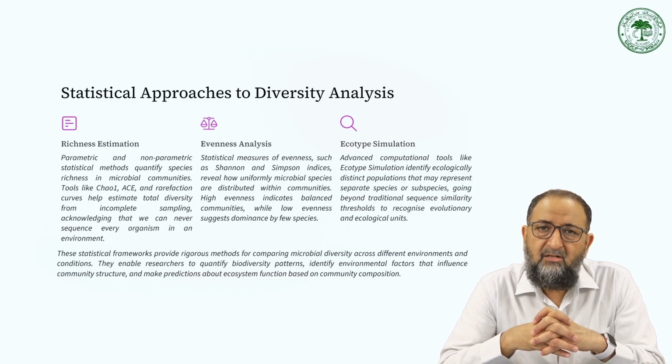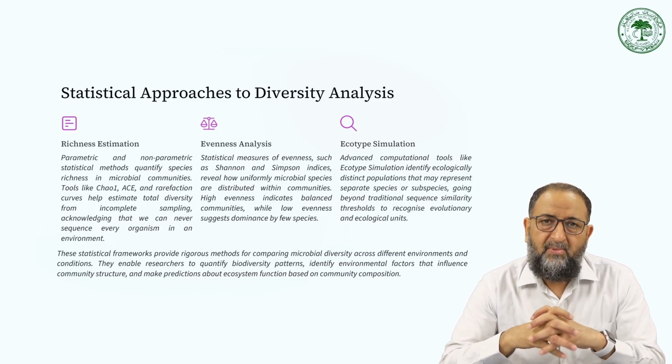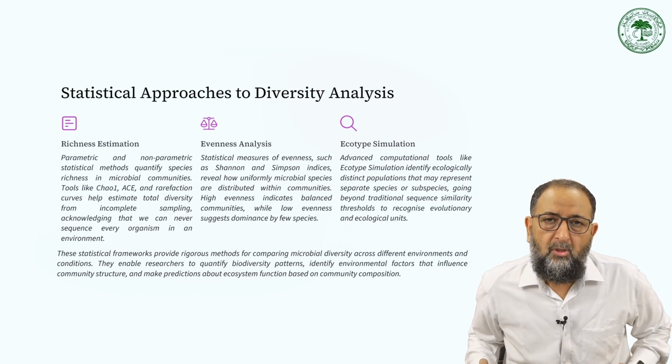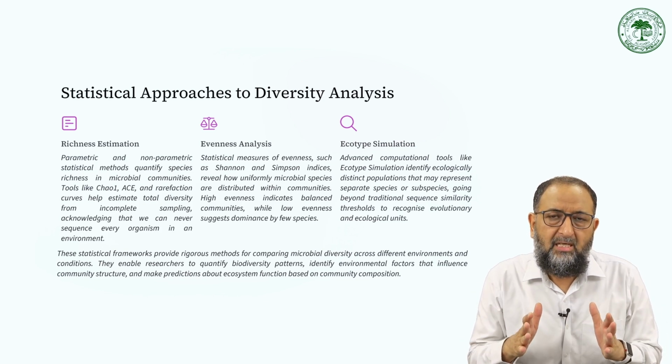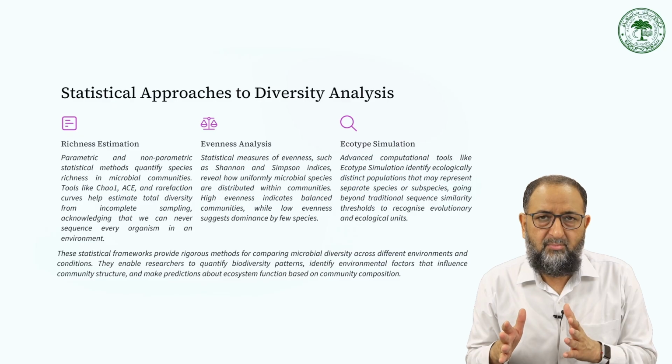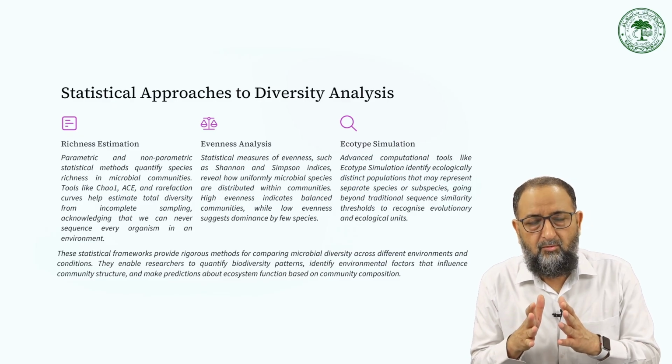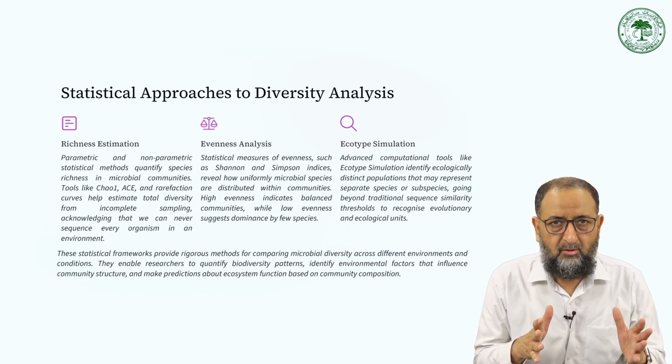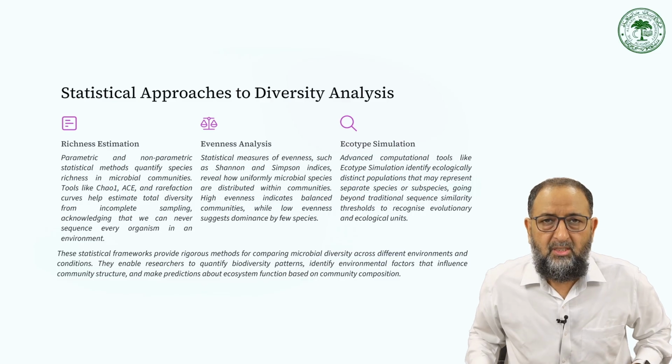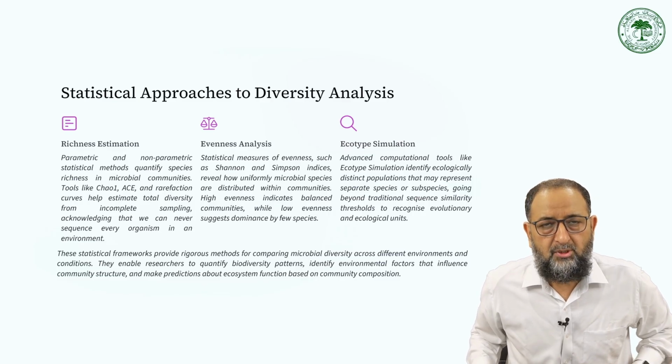These statistical frameworks and statistical diversity measures help us precisely identify a particular microorganism and distinguish it from other microorganisms present in that particular niche, in that particular ecosystem.